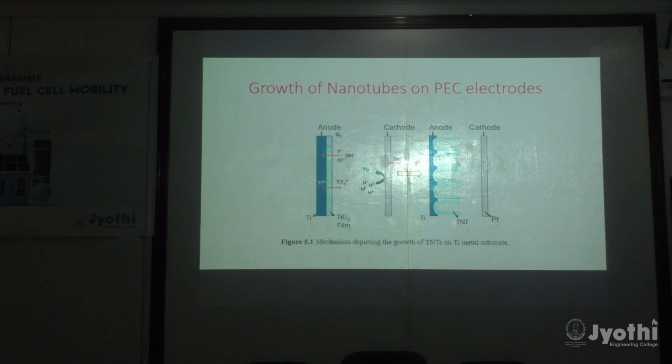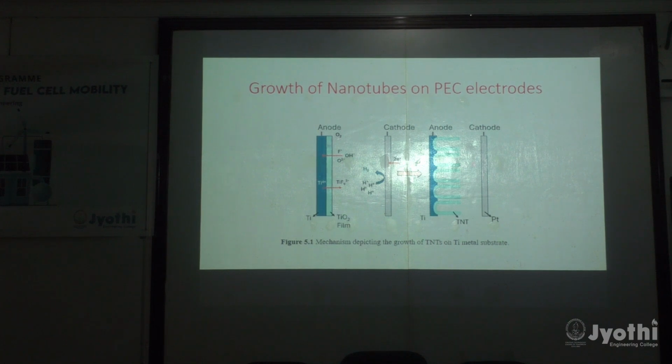While growing this, there is a titanium metal substrate, and we have titanium fluoride around it, with which it is possible to electrolytically deposit and grow nanotubes of titanium dioxide. So this is basically growth of nanotubes on the electrodes.